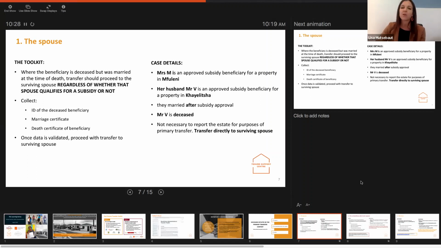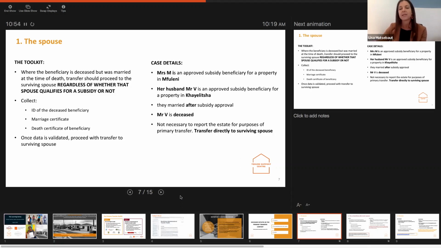So the fact that the primary transfer hasn't happened already shouldn't be a barrier to her rights to that property as surviving spouse. So in this instance, our suggested process is you don't actually even need to report the estate here, because you're doing a direct transfer from the state to the surviving spouse. Okay, so you don't need to even go through that process of reporting.